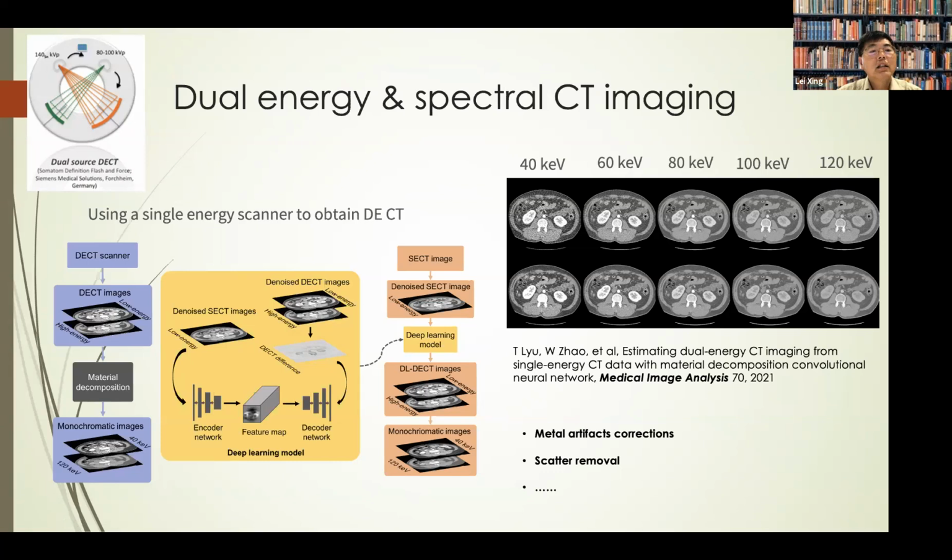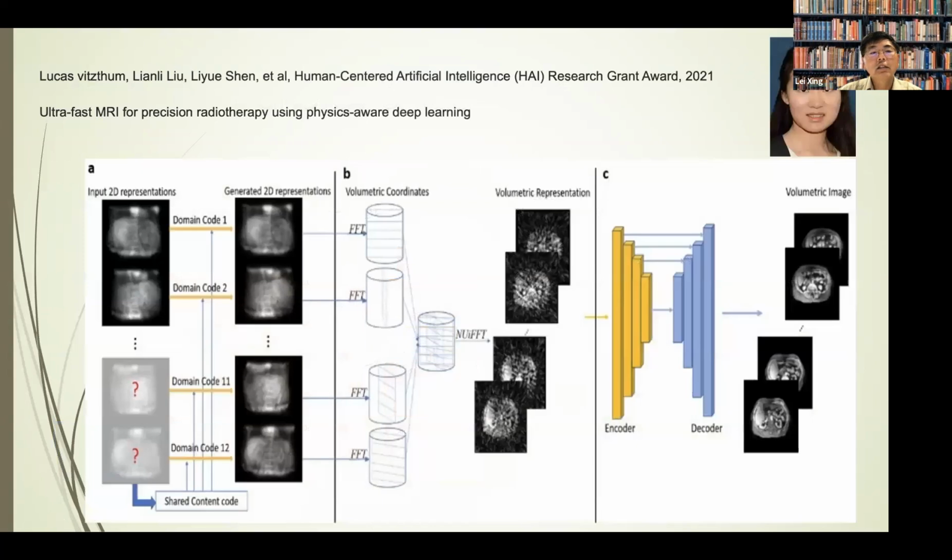So that's why dual energy CT is actually not available in every clinic. With deep learning, you can actually train a model. Once you have a single energy CT image, you can map that information to high energy. So that's actually an interesting application.